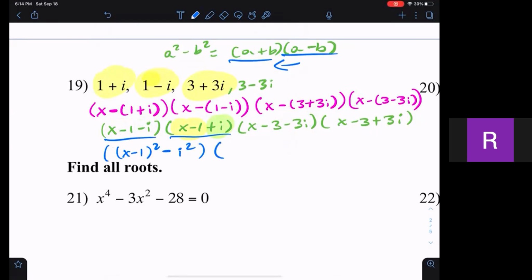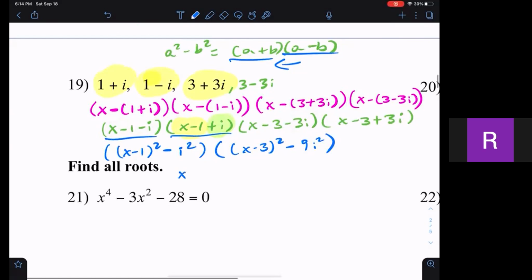And then I have to do the same thing here. So this is going to be x minus 3 squared minus 9i squared. Now you need to simplify. So this is x squared minus 2x plus 1. i squared is negative 1, and that's going to be plus 1.